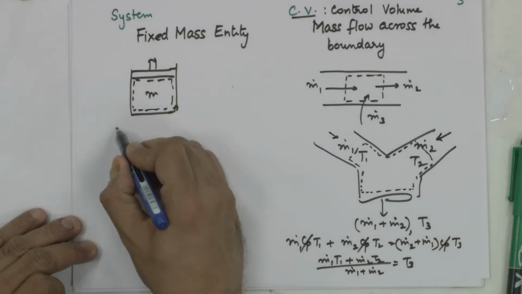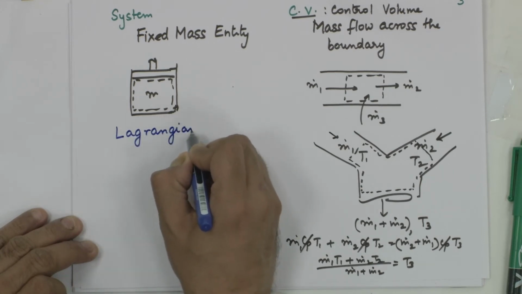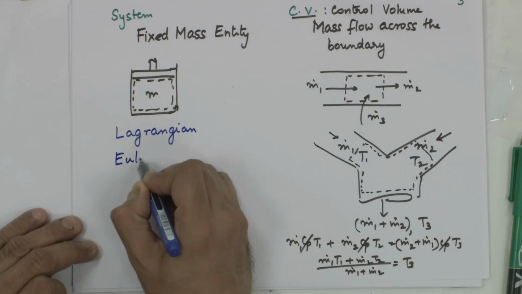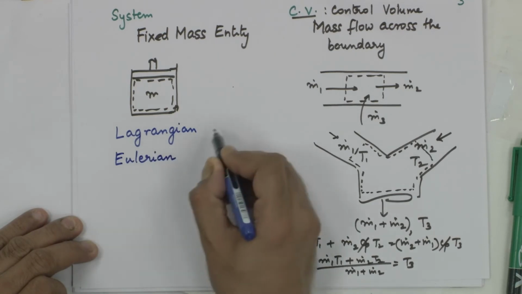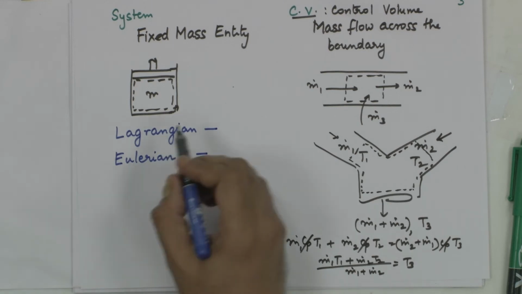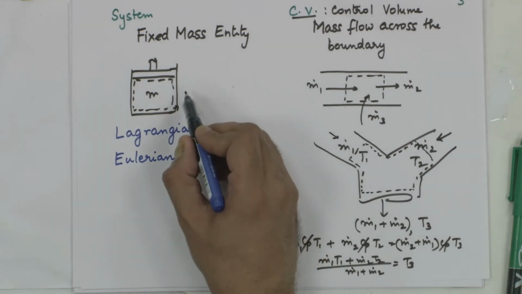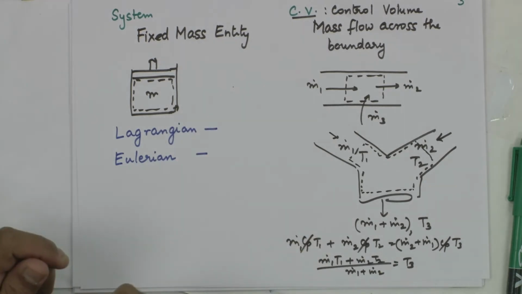One is called Lagrangian and the other is called Eulerian. Lagrangian and Eulerian are basically two different types of analysis, and in the Lagrangian analysis, we will look at a system and keep following it.